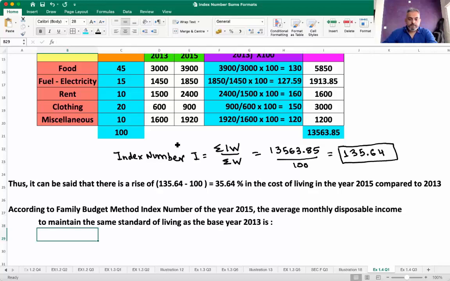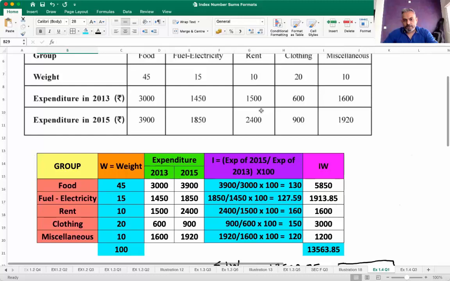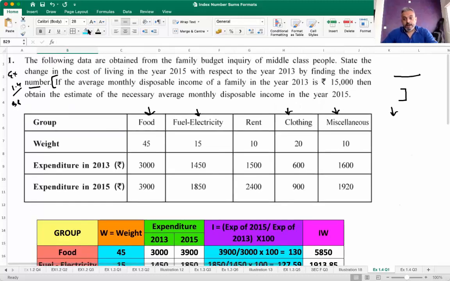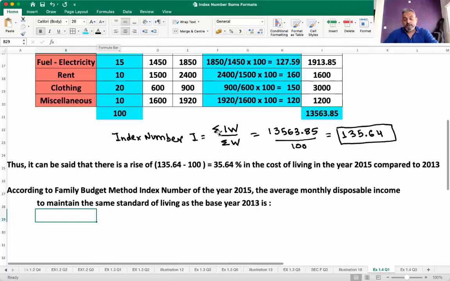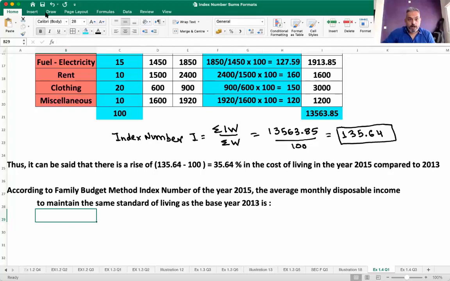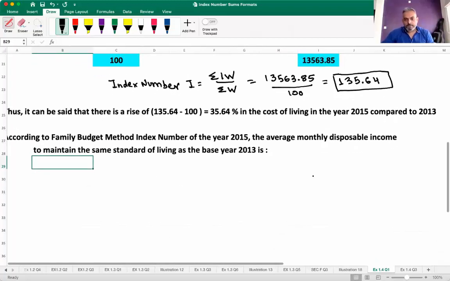Now please pay attention. In the year 2013 my base was 100, and from 100 prices rose by 35.64 percentage in 2015. So now my income should also rise accordingly. So let's find out how we will do it. Now I'll use a different method of making you understand this concept.